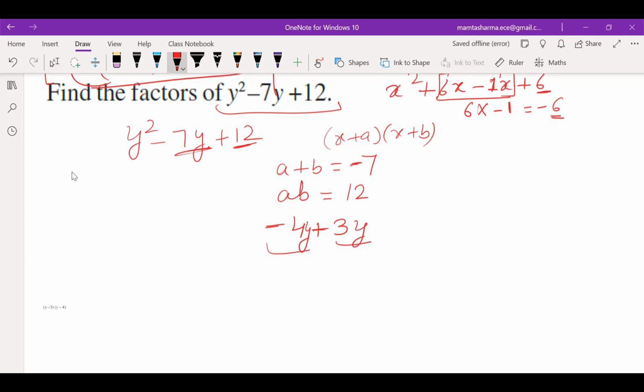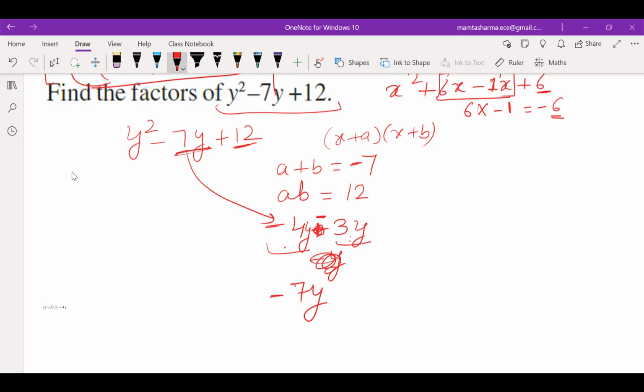When you add minus and plus, it will give -y only. It will not give -7y. So for getting -7y, put the negative sign over here: -4y, -3y. Minus will become plus, so you have to add these 2 terms 7y and apply the sign of the greater term. Okay, -7y. When you split in this way, then only you will get -7y.